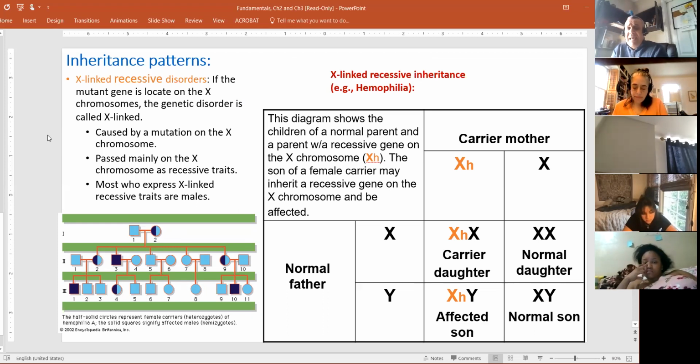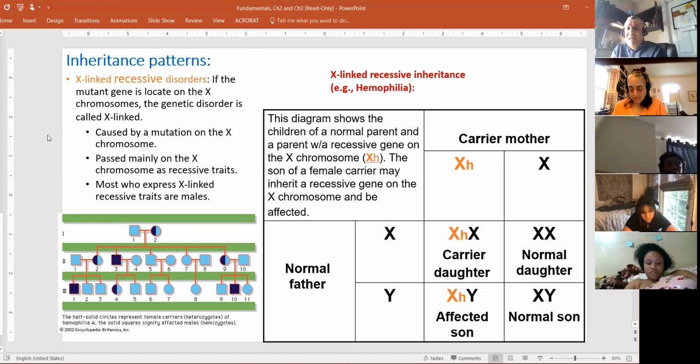So in X-linked recessive inheritance, it's going to affect more males than females. It depends on the scenario. You have to run the chart and see the connections to find out. It depends if both are carriers, or only one, and then you have to run it to find out the results.